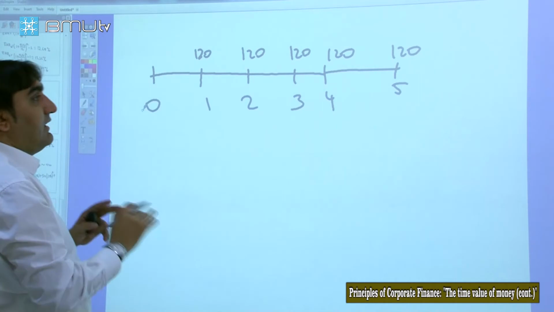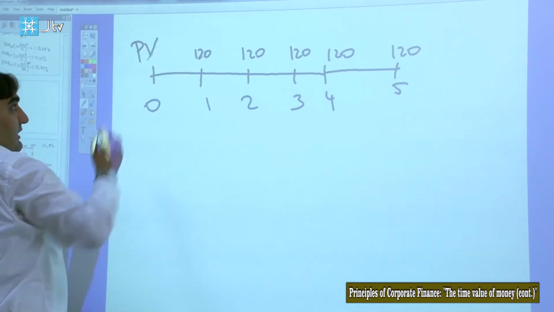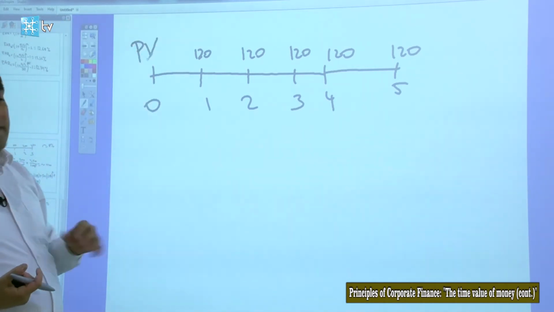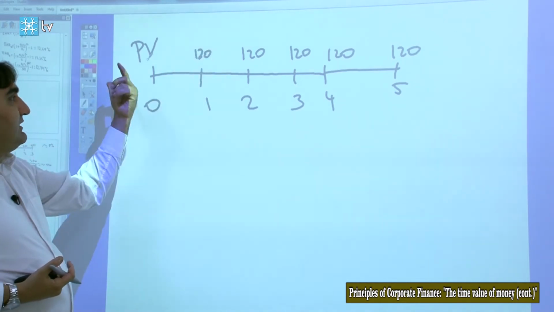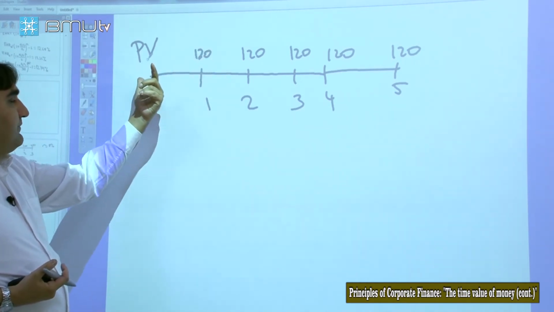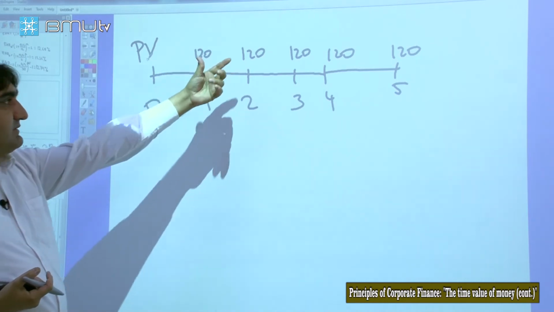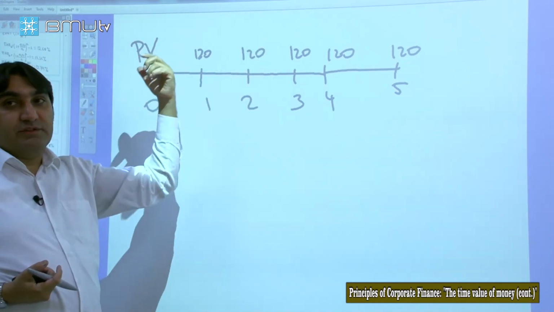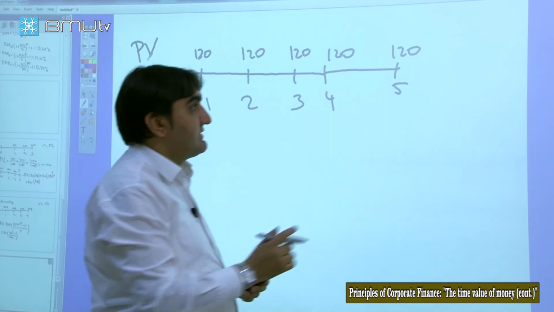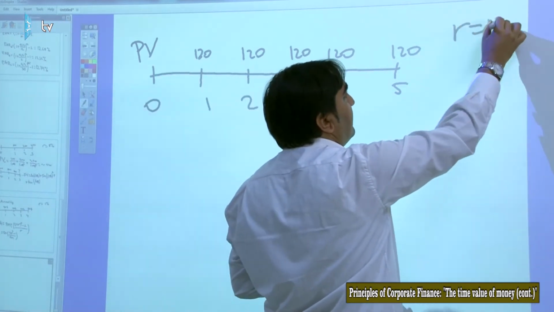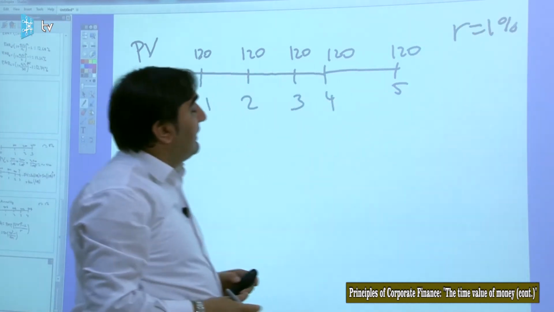So what's the present value of these cash streams? Our previous way was finding the present value of this cash flow for 1 year plus the present value of this cash flow for 2 years, 3, 4, 5 years. Let's assume the rate is 1% again.